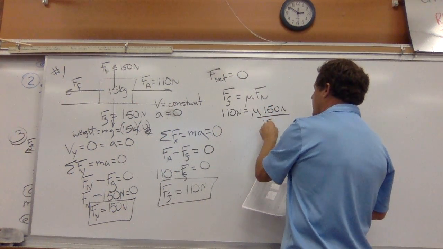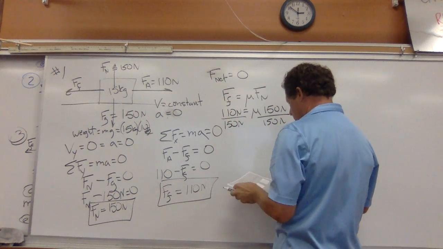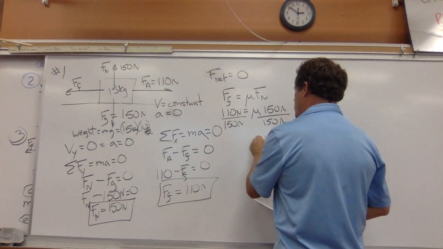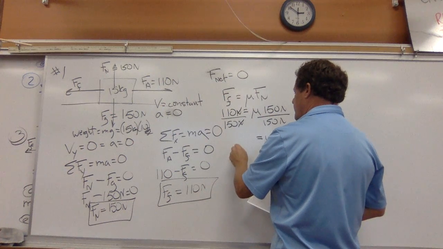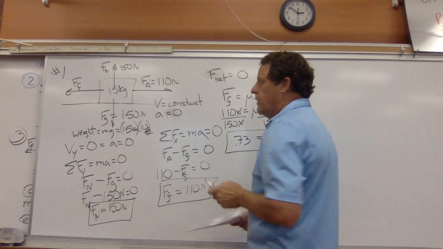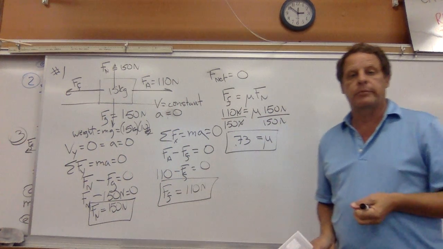We're going to divide both sides by 150 newtons, and the newtons will cancel out. 110 divided by 150 is 0.73. And that right there is our final answer for problem number 1.